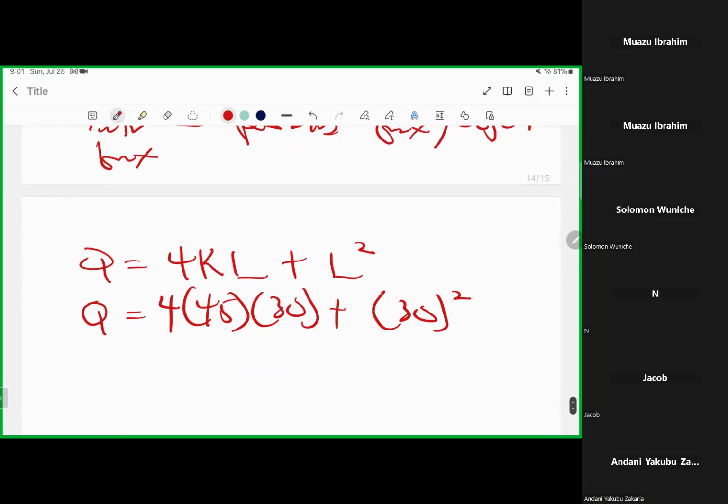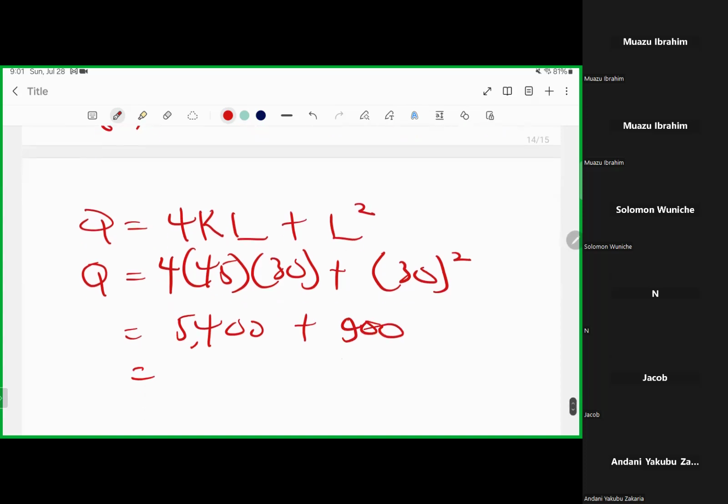So this whole thing, what will you get? 4 times 45 times 30, we are going to have 5,400 plus 30 square. You will get 900. So this will give you 6,300.